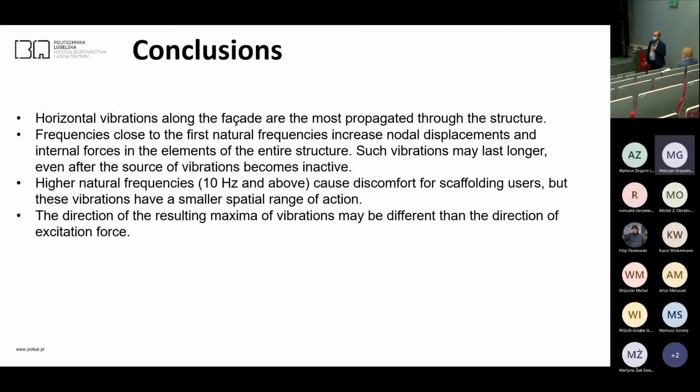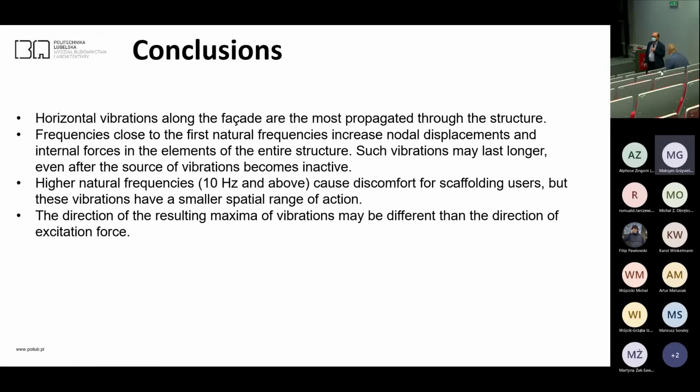First, we have observed that the horizontal vibrations are the ones that are most propagated. The vertical vibrations are the least propagated. They are propagated at the lowest level.